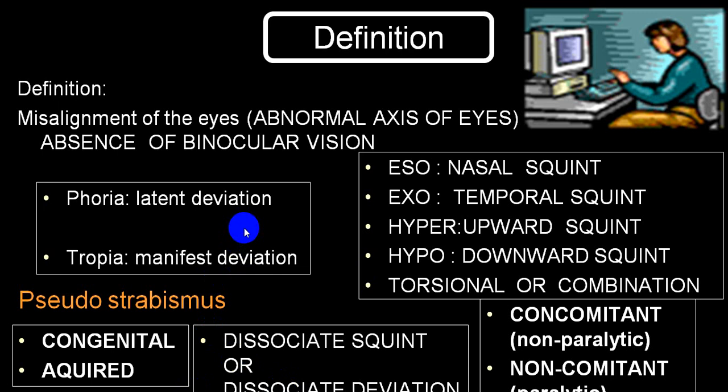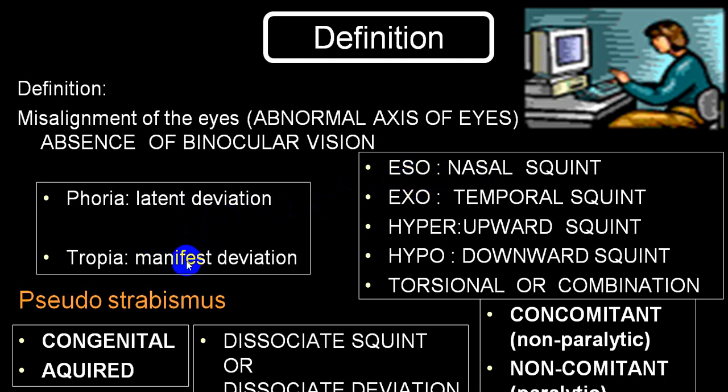Now there are a few terms which we'll be using. When you say phoria, it means there is a deviation of the eye which you cannot make out; you will be able to make it out much better by the cover-uncover test. Tropia is the word used if there is a clear-cut manifest deviation, meaning it can be seen. Depending upon the type of deviation, if there is an inward deviation it is called eso, and depending upon latent or manifest, we call it esophoria or esotropia.